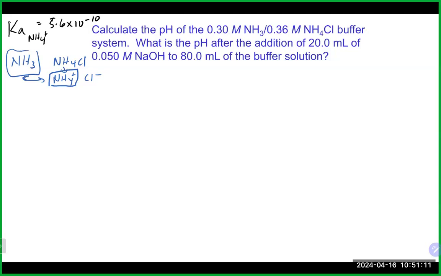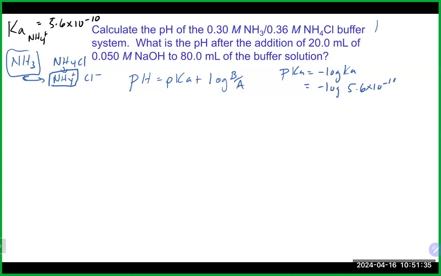Because this is a buffer, we can go into our Henderson-Hasselbalch equation right off the bat to get the pH of this buffer solution. We do want the pKa value, which will be the negative log of the Ka, which is the negative log of 5.6 times 10 to the minus 10. Once again, though, you may more easily find in a table the NH3 Kb value, like 1.8 times 10 to the minus 5.